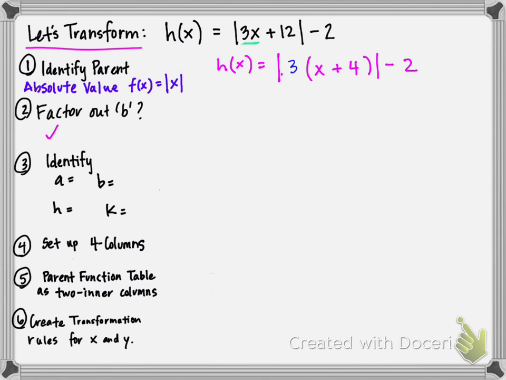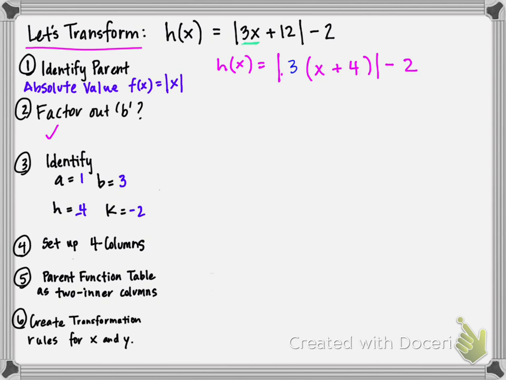Okay. So then, going back to this A, B, H, and K stuff, I'm going to actually give you a chance to pause it, see what you get. Okay, A is 1, H is negative 4, B is 3, and K is negative 2.